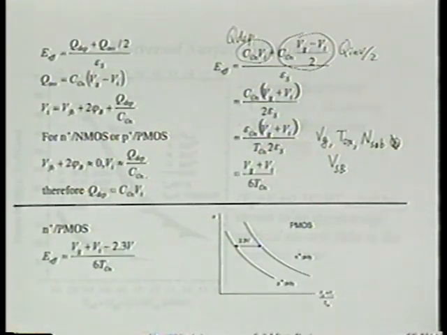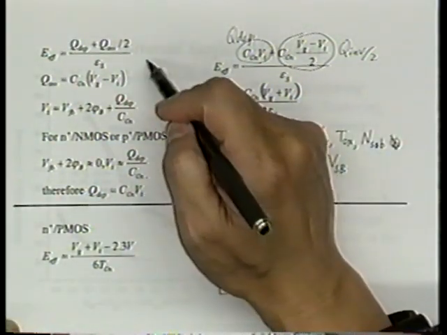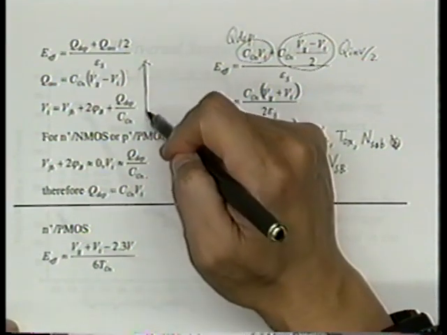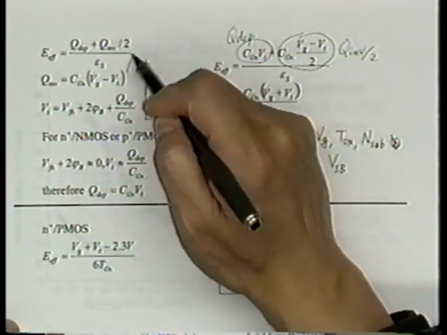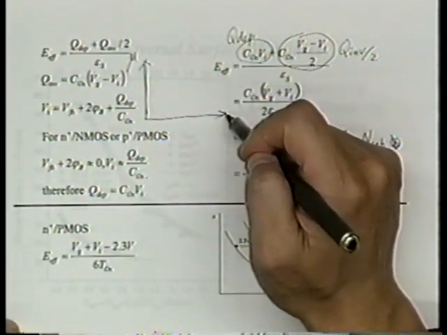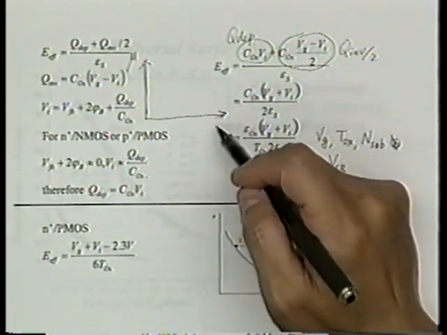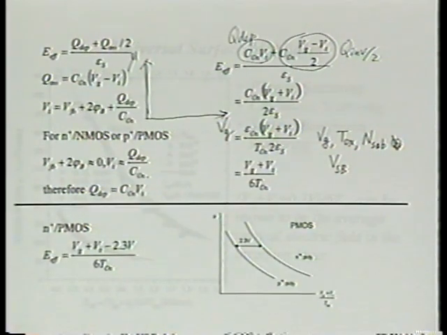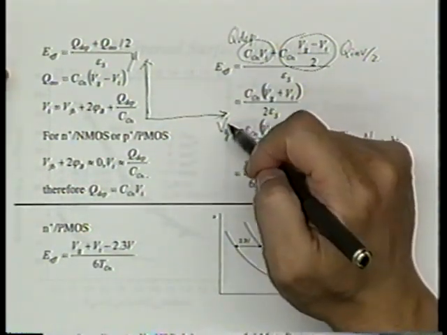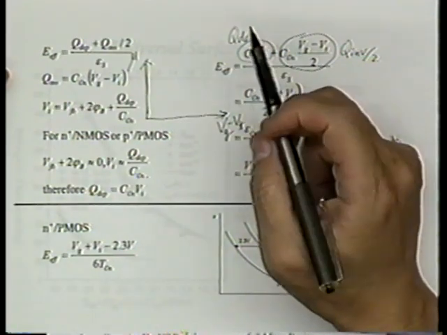Guess what this engineer is likely to do when he presents the data? If you were an engineer, how would you present this data? Vertical axis mobility. What would you plot in the horizontal axis? If you simply do VG, is that fair? Usually not fair. So how would you do it? You will find many times engineers will plot VG minus VT.